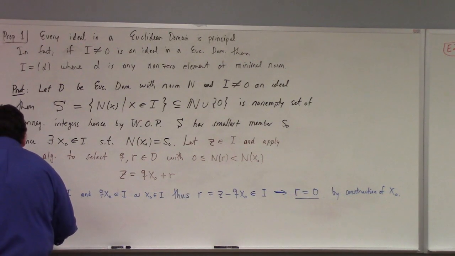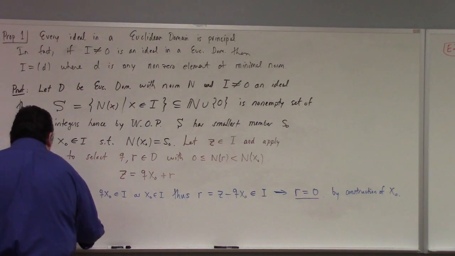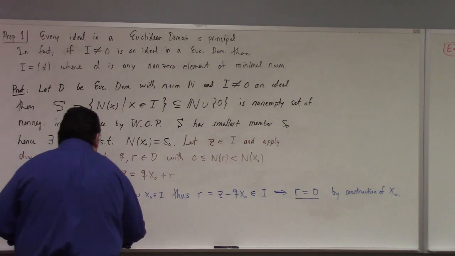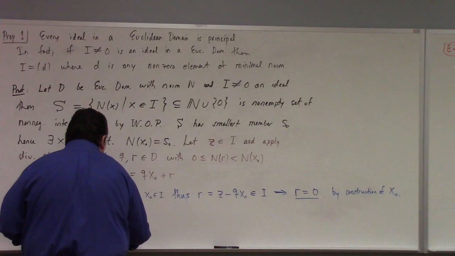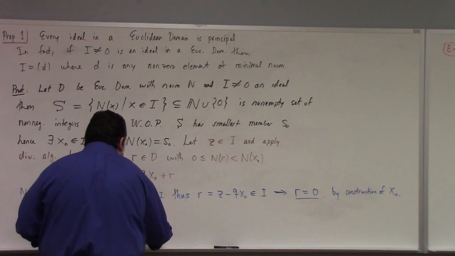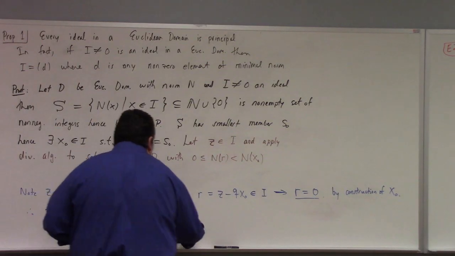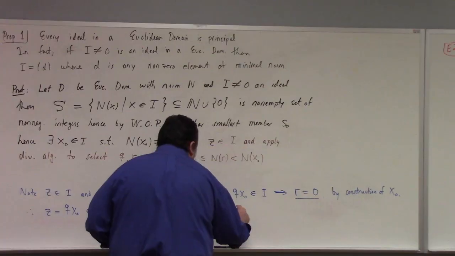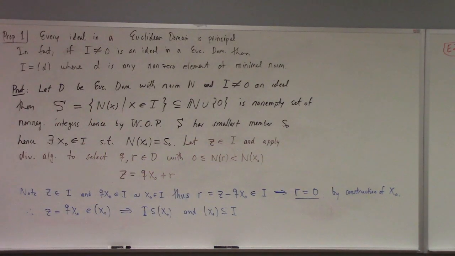Therefore, Z is equal to QX naught, which of course is an element of the ideal generated by X naught. So the ideal is a subset of the principal ideal generated by X naught, and it's also clear that the principal ideal generated by X naught is a subset of I, because X naught, an element of I, implies the principal ideal generated.